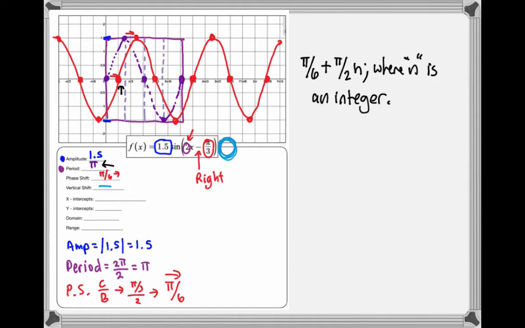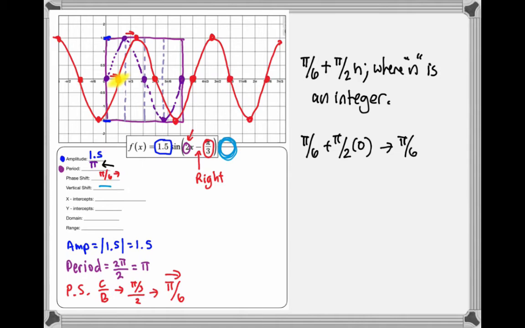And so that means that if I were to just follow the graph and start here, I know that would be pi over 6. And if n equals 0, which is an integer, then the first x-intercept would be pi over 6, which is already highlighted.